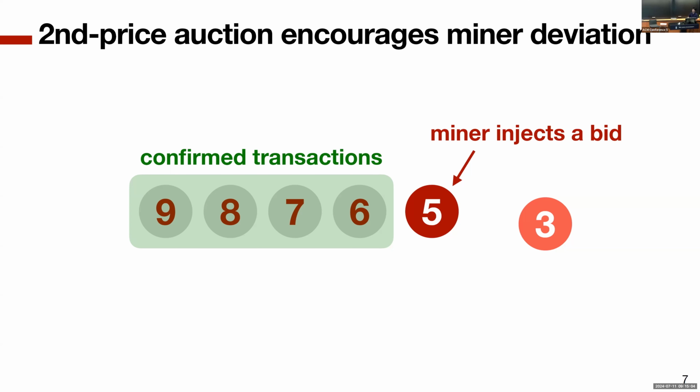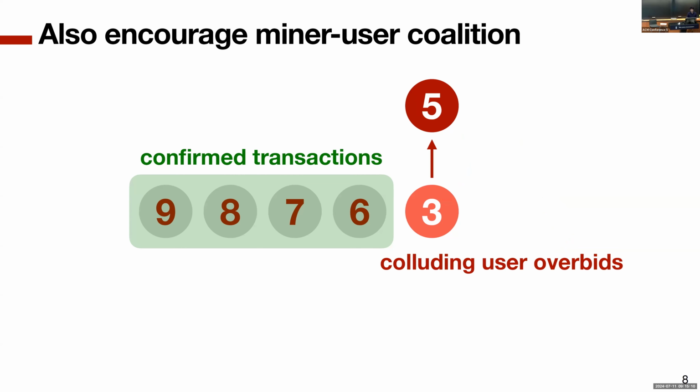In this case, everyone has to pay $2 more and the miner gets more. Or the miner can also collude with some user. For example, the miner colludes with the user with the lowest bid: can you bid 5 instead of 3? And we can split the profit.